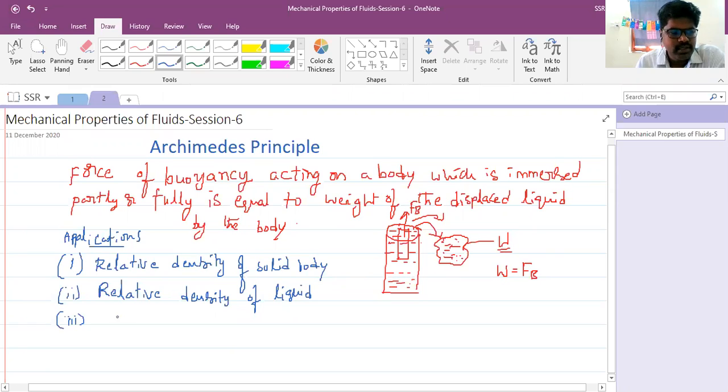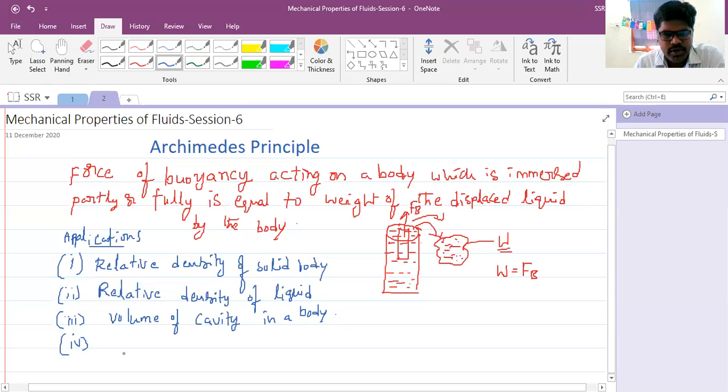Third one is the volume of cavity. Cavity means there is a small hole inside the body. Okay. Volume of cavity in a body, that we can find by using Archimedes principle.